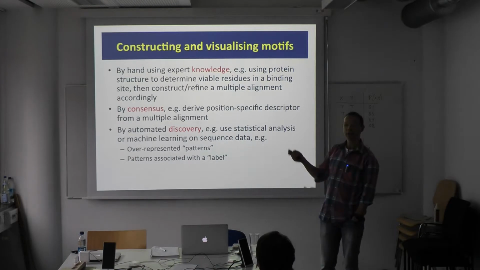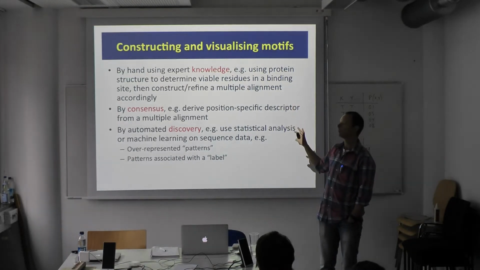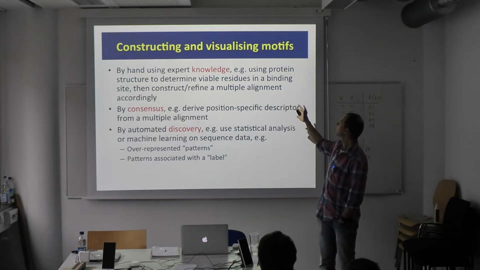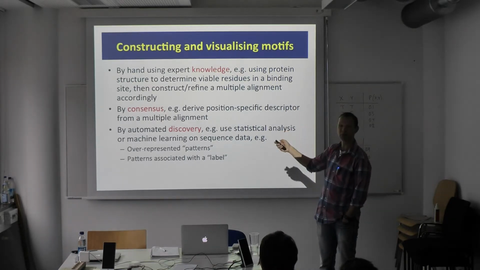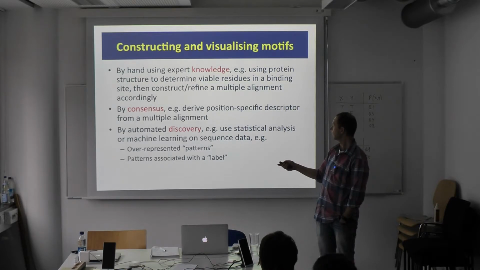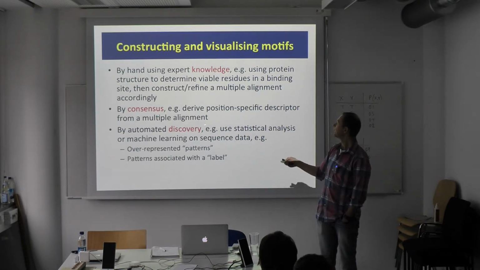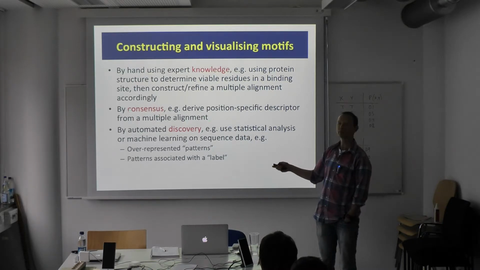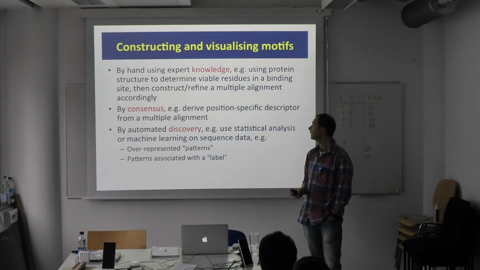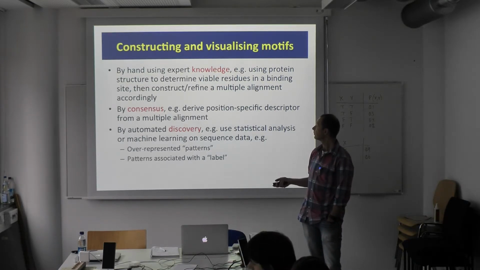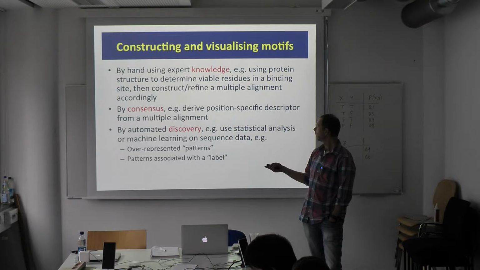Okay, so there are basically three different ways in which we construct motifs, and one would be from knowledge, so we have detailed information. One would be through consensus. We make use of a multiple alignment of known sequences that are being involved in the process of interest, or it could be through automated discovery.